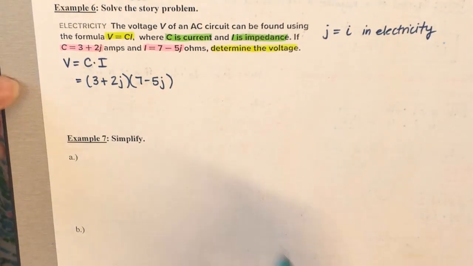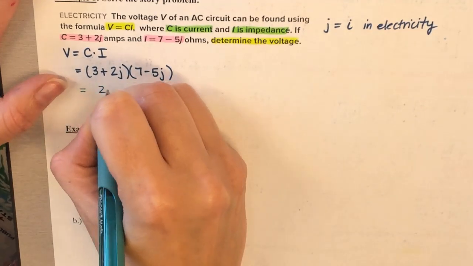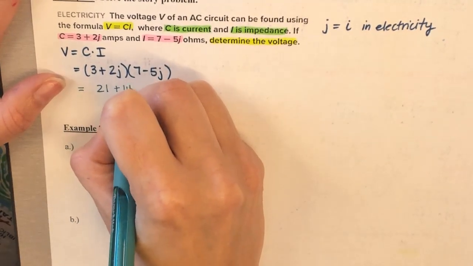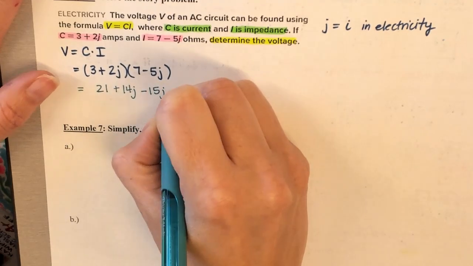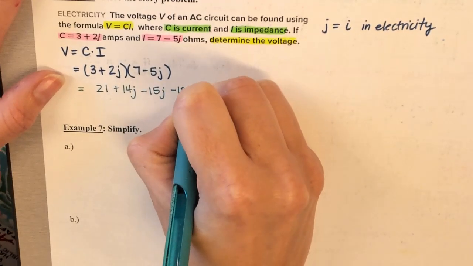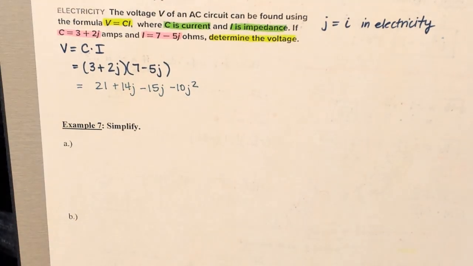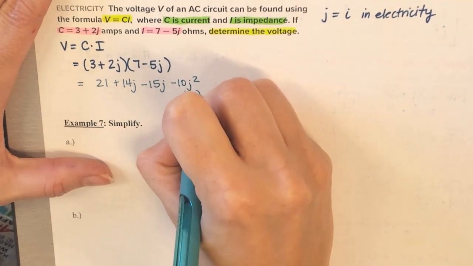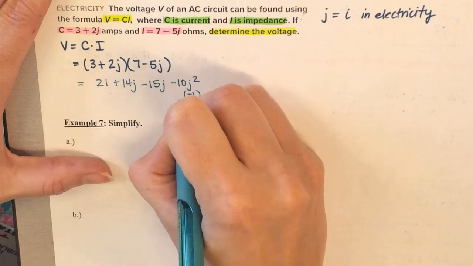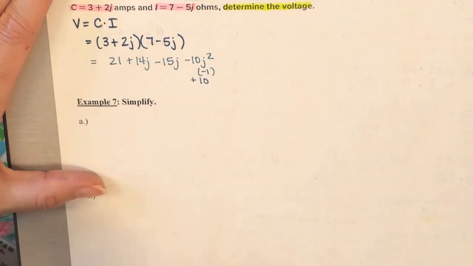Okay, and then so you should have 21 plus 14J minus 15J minus 10J squared when you FOIL. And it looks like most of us are doing a really nice job with that. And then when you plug in your negative, this becomes a positive 10.